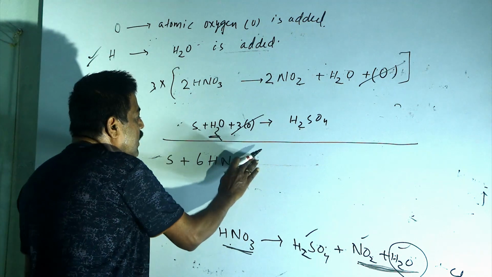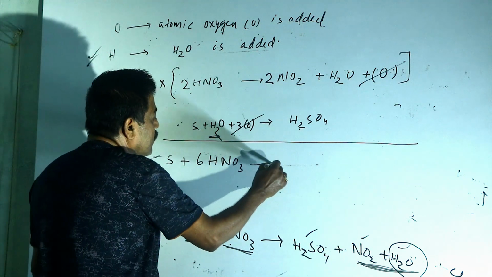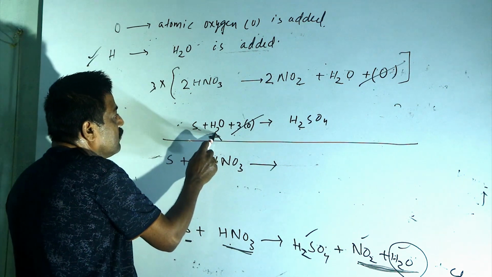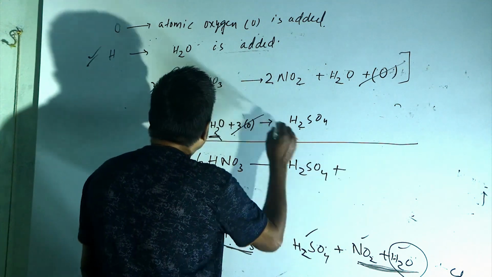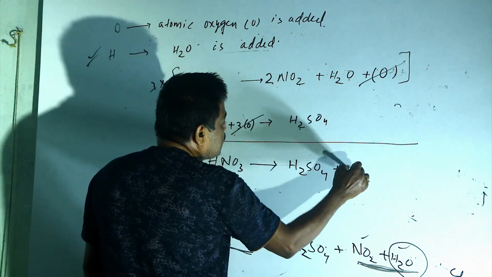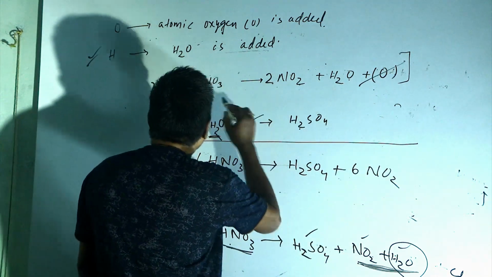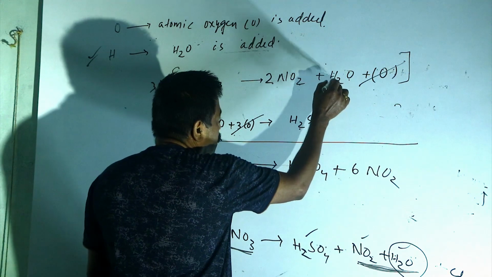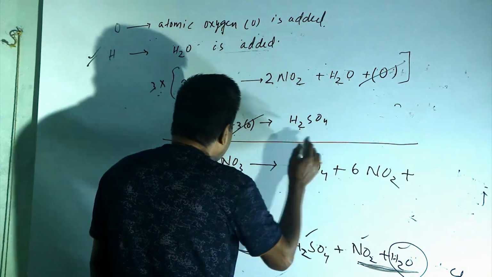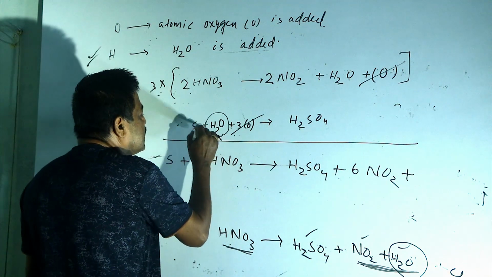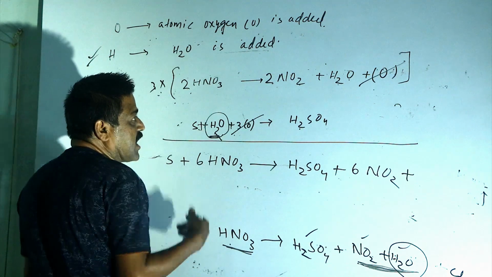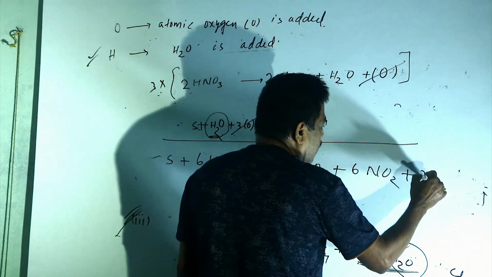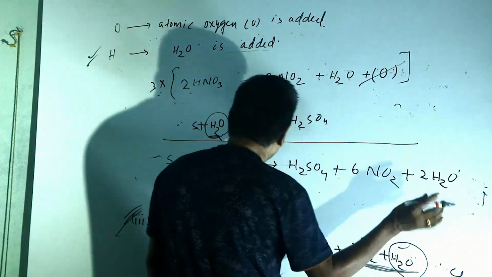So it is to be given right hand side. That means here you can write H2SO4 plus 3 into 2, 6NO2, again 3 into 1, 3 water molecules, but here 1 water molecule is there. It must go right side so that it will be subtracted from 3 water molecules and remains 2 water molecules.